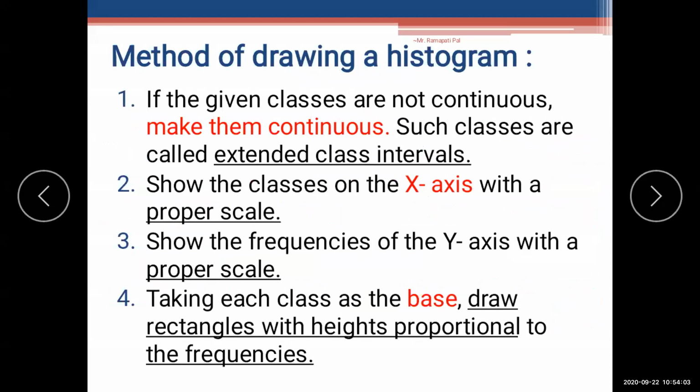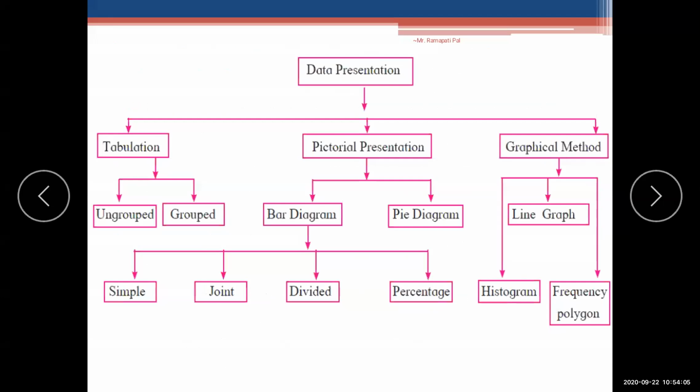First of all, you should know what a histogram is. If you see a graph in which rectangular bars are drawn and they are joined, the class is a continuous class. This is the first condition. Class should be continuous. Shall I show you the diagram of a histogram? See, this is a histogram.